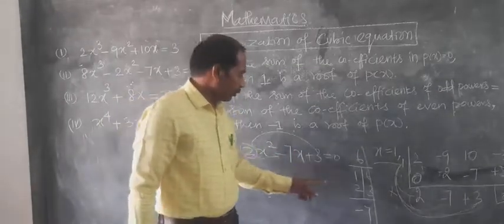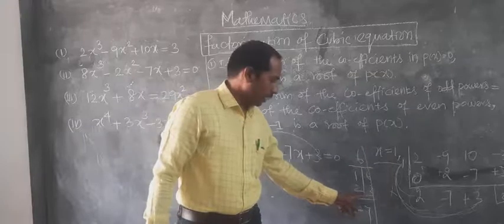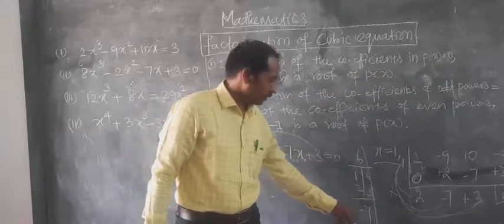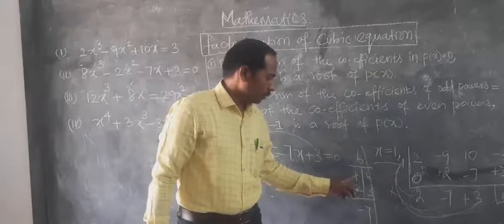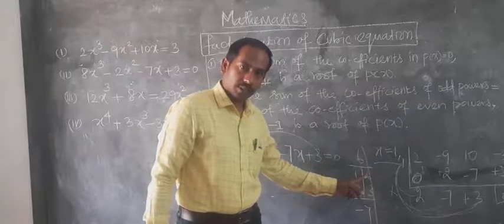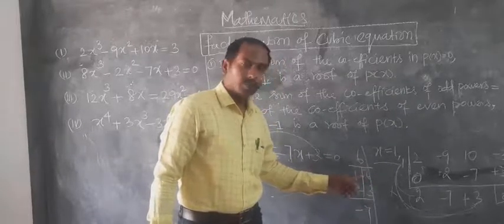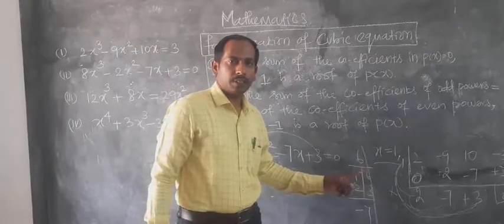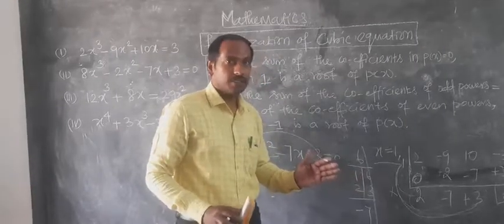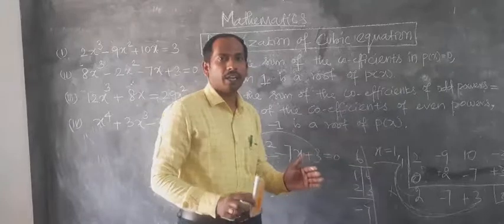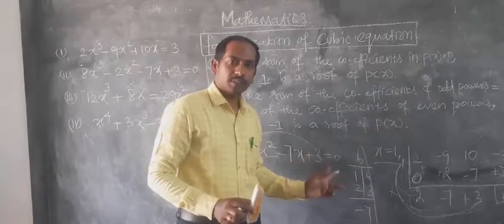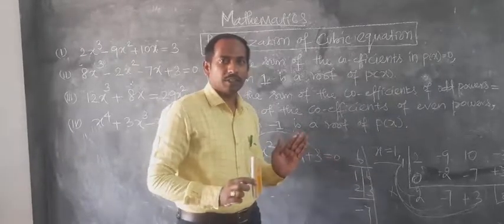So what do you want to do? Just see, if you add and subtract, you never get the 7. But here 1 plus 6 means you can get the 7. When you get the 7, the sign is the same. This is very important. Sign same means you can add, then you put the present sign. The logic is very important.